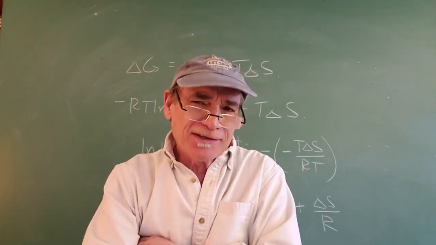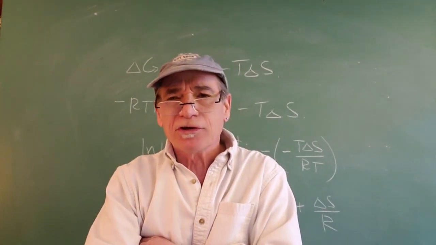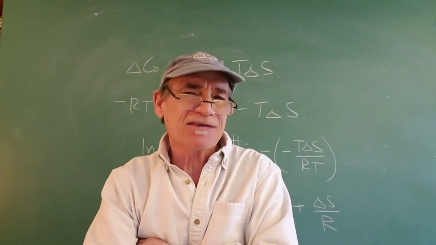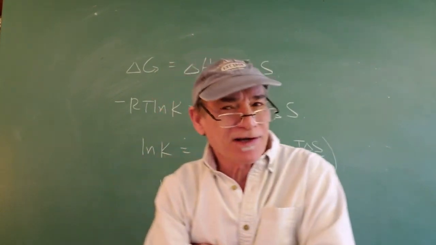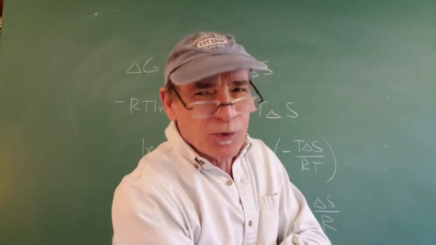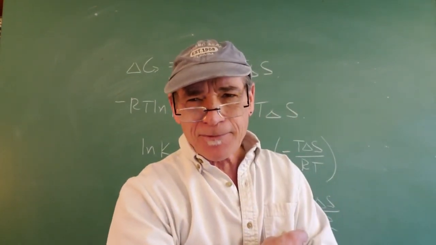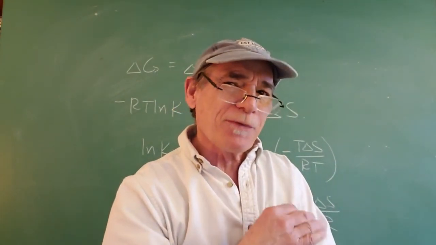But we never really derived an equation showing the mathematical relationship between the equilibrium constant and temperature. We did it with rate constants. If you remember, that was the Arrhenius equation, with that energy of activation business in there. Well, this is very reminiscent of that.